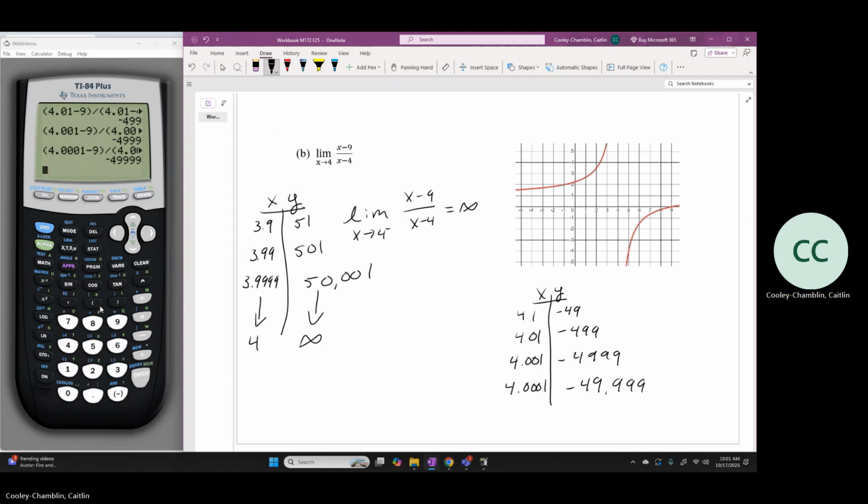So what we're seeing is as x is going to 4, y is going to negative infinity. So writing the limit as x approaches 4 from the right-hand side of x minus 9 over x minus 4 is negative infinity.